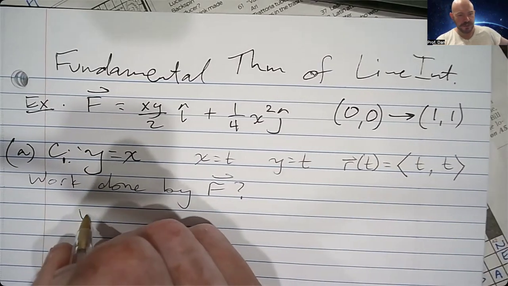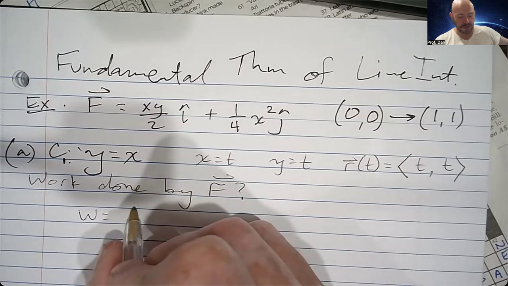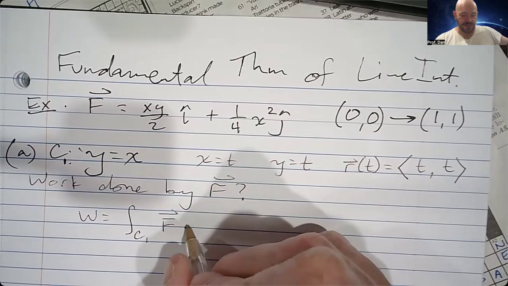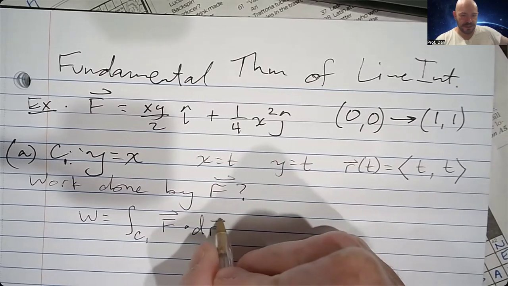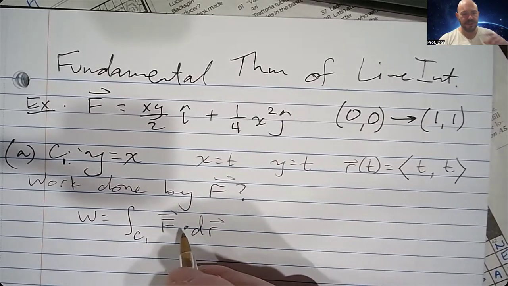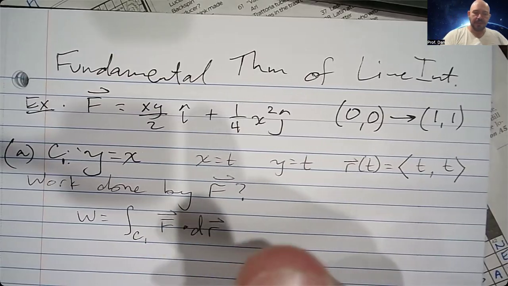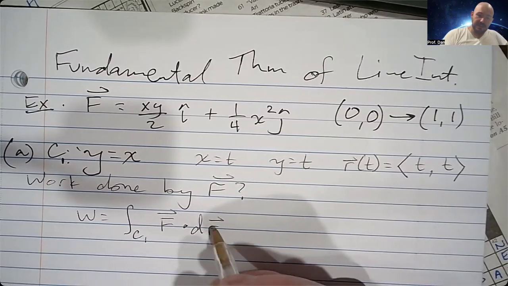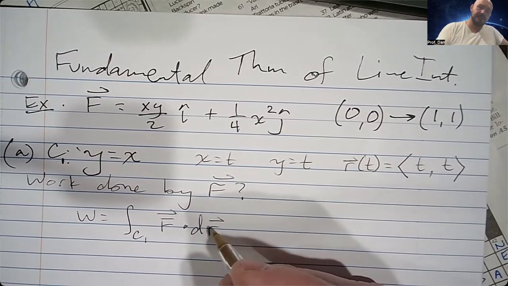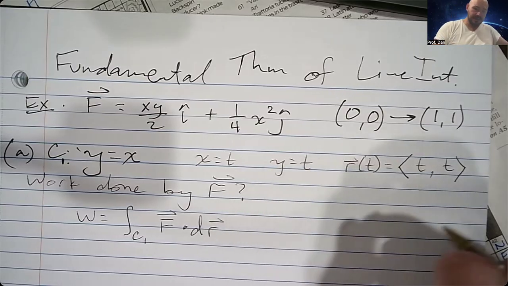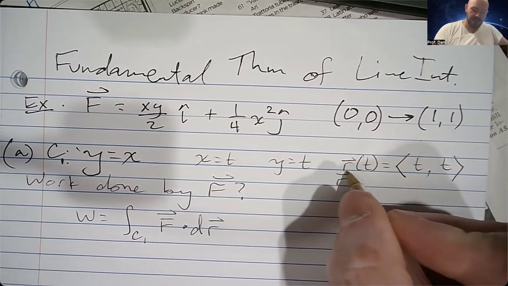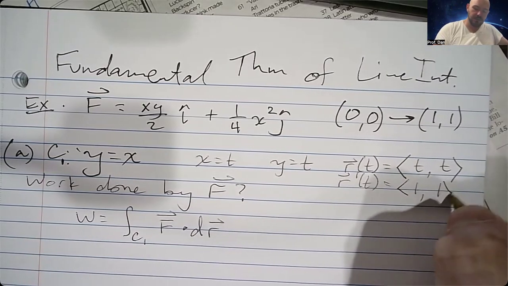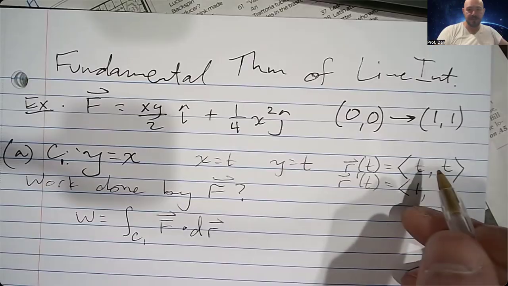But when we're calculating work, we're evaluating this line integral that uses that weird notation where we have a force field dot a differential. Because I need the vector form of the derivative of r, I'm not going to take the magnitude, I'm just going to take r prime. So r prime of t would just be the vector 1, 1, right? Derivative of t with respect to t is 1.